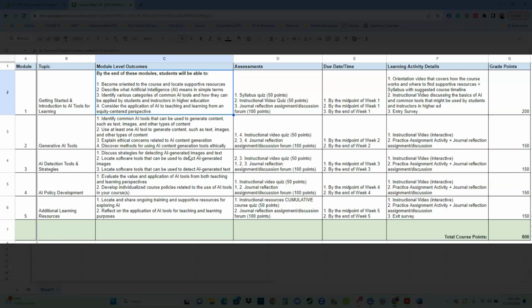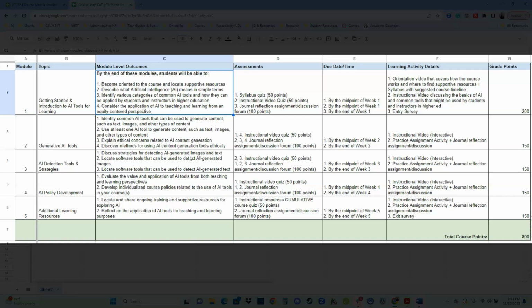So that's a thing that I want them to be able to do. I also want them to, this is an artificial intelligence course that I'm teaching right now, describe what artificial intelligence means in simple terms. This is what I need them to be able to do.